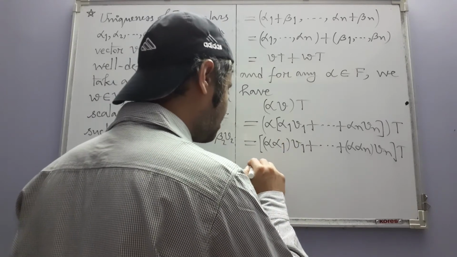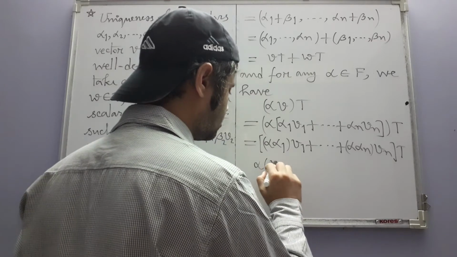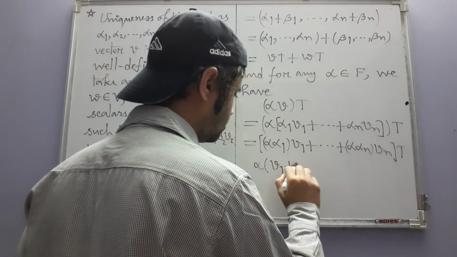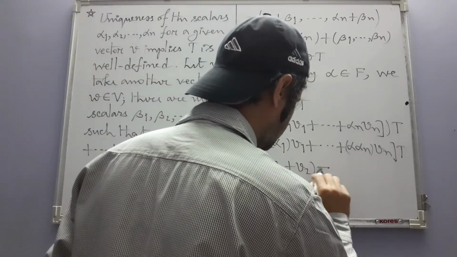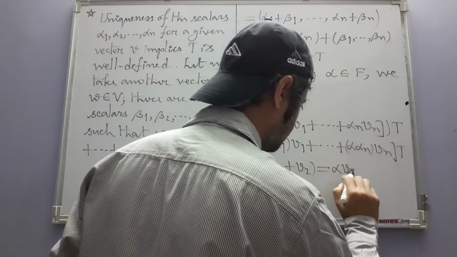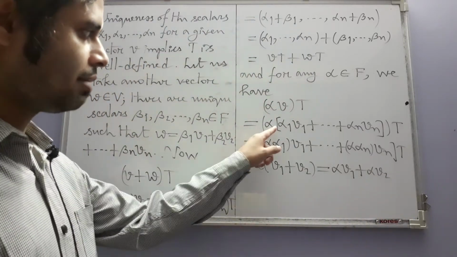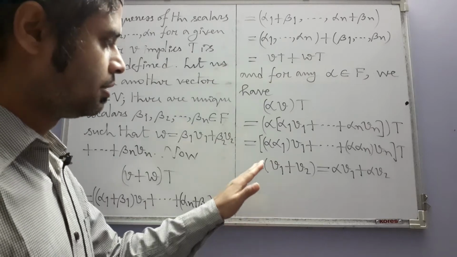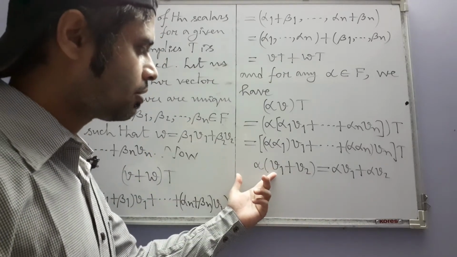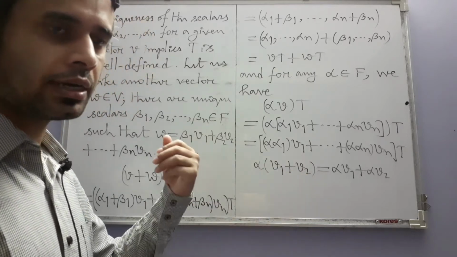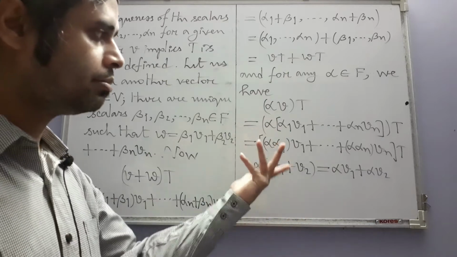You know that if alpha is a scalar and you have two vectors v1 and v2, then one of the axioms tells us that this is equal to alpha v1 plus alpha v2. That's what we have applied here first of all, but not just this, its extended version, which does not necessarily have only two vectors. It can have any number of vectors, n, where n can be anything, n can even be 1 also.